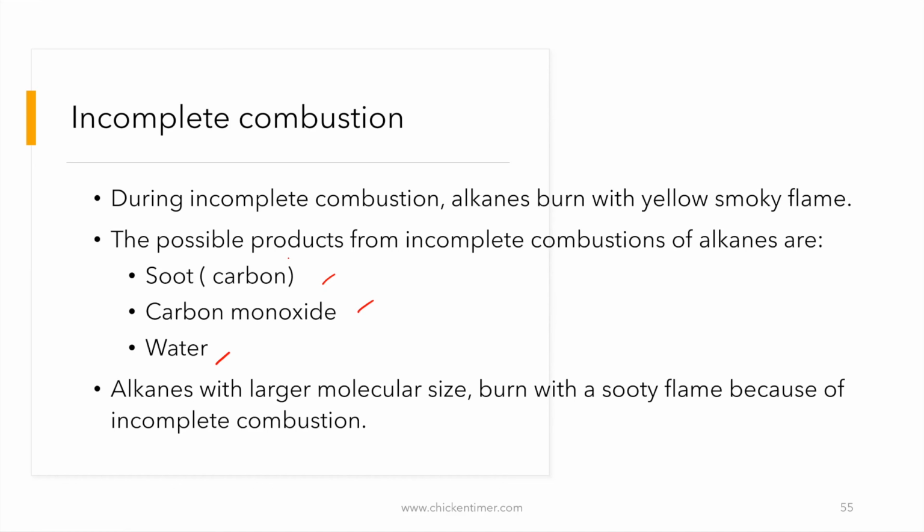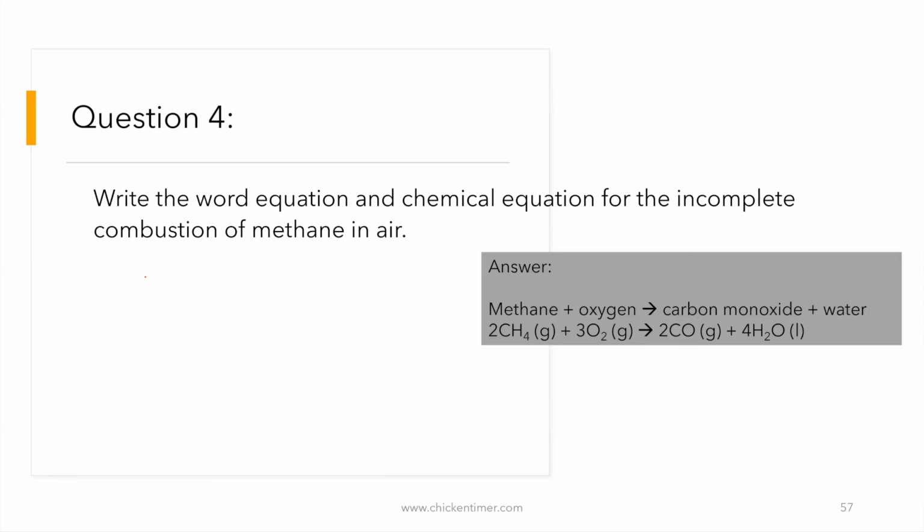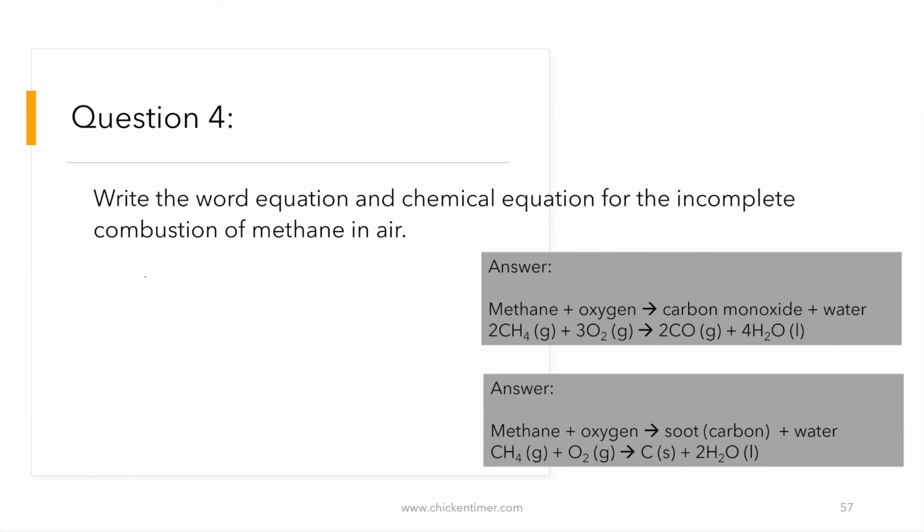Incomplete combustion usually happens to alkanes with a bigger size, and you get a lot of smoke coming out. For methane, you may get carbon monoxide plus water, or soot plus water. Soot is just carbon. Then you will balance accordingly.